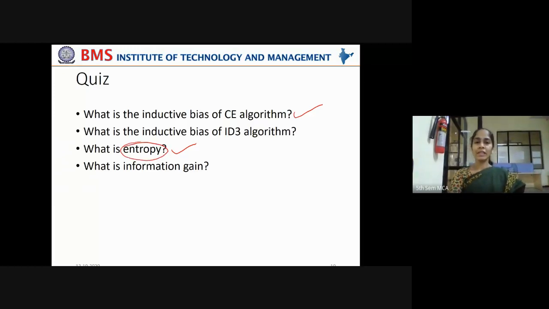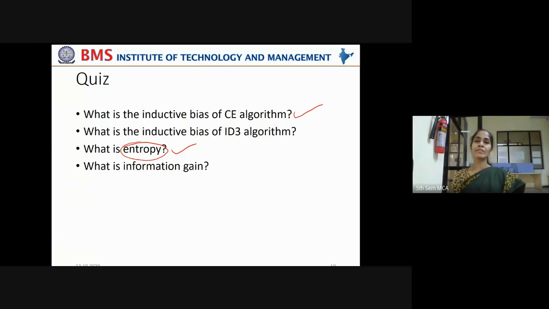Now, what is information gain? Information gain is how better the classification can be made by an attribute.